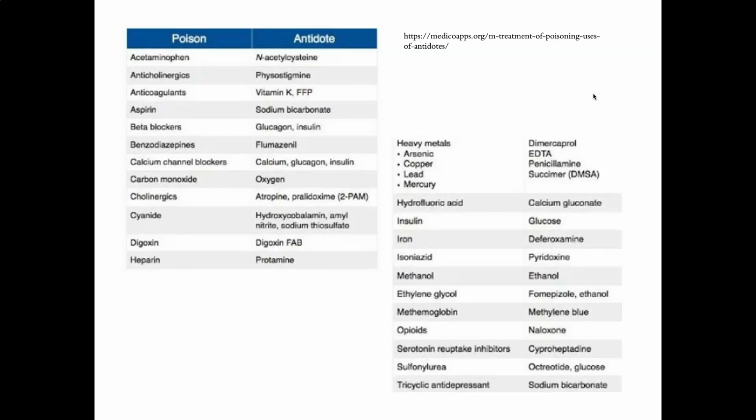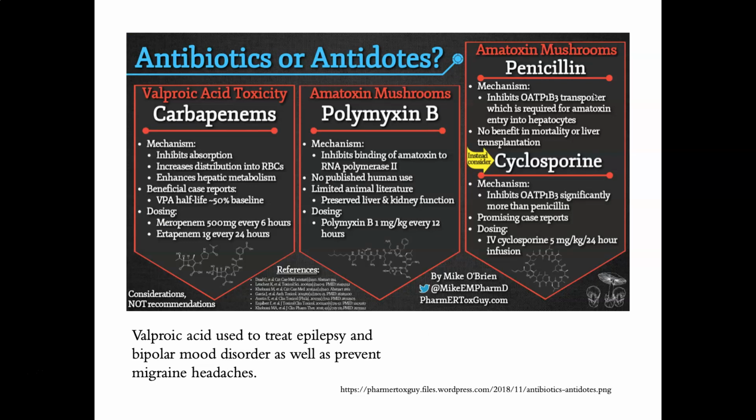Sometimes the question comes up, is it an antibiotic or an antidote that you would use to treat something? When it comes to valproic acid toxicity, for instance, and valproic acid, by the way, is used to treat epilepsy, bipolar mood disorders, and prevent migraine headaches. So if someone has valproic acid toxicity, the antidote is an antibiotic, carbapenems, which we studied back in the antibiotic section.